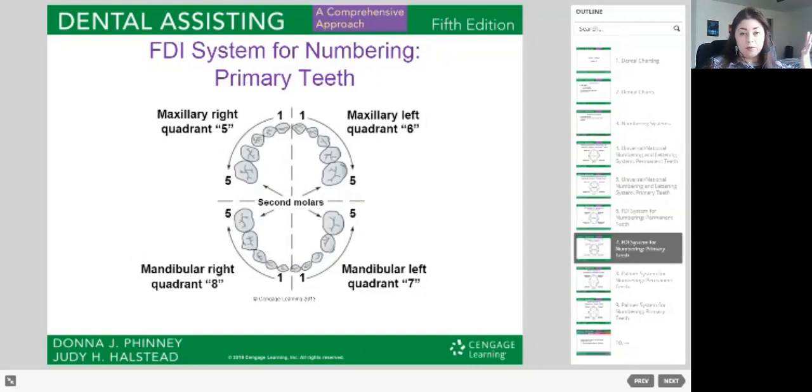Again, it would be the same for primary dentition, except instead of 1, 2, 3, 4, they move on for primaries to 5, 6, 7, 8. But we still go in a clockwise rotation here, from the upper right, working all the way around clockwise. So for example, this would be tooth 5, 1, 5, 2, 5, 3, 5, 4, 5, 5.